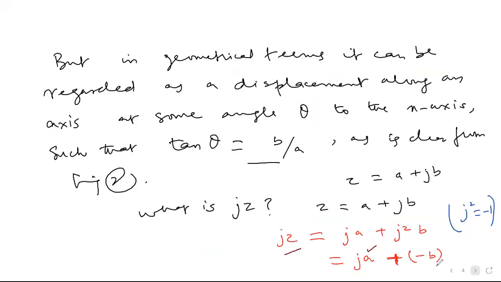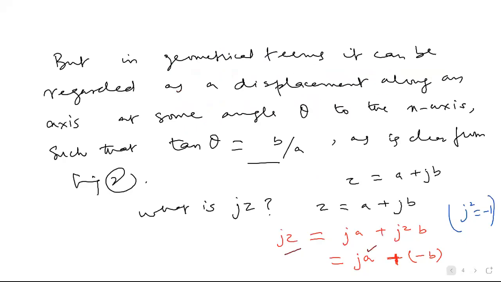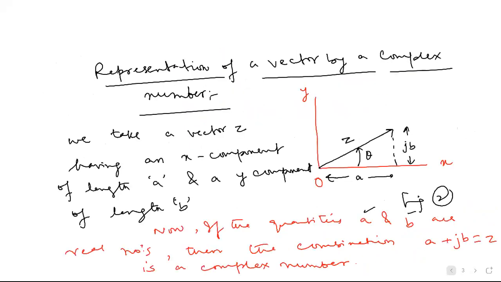So x component of this vector is minus b, which is just j square b, right? And y component is a, right? Compare with this figure 2. Here we had a complex number a plus jb.